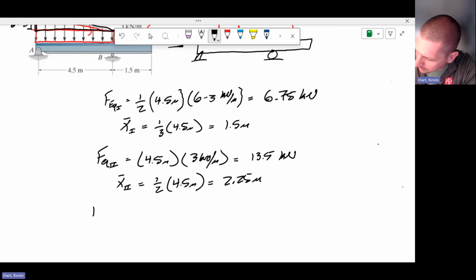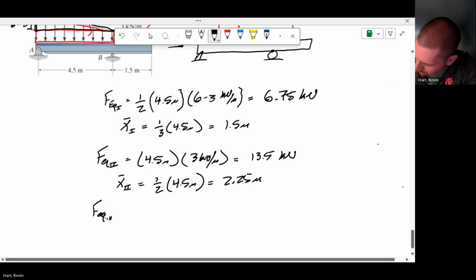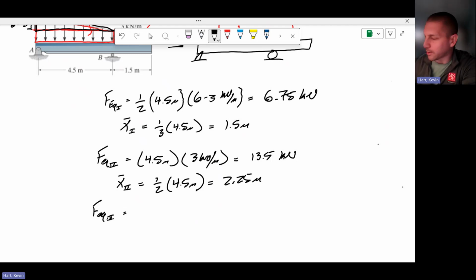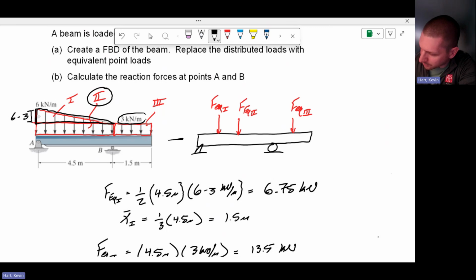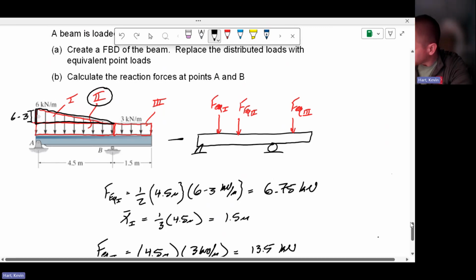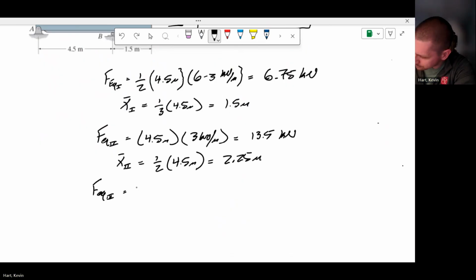Lastly, we're looking at our third portion of the distribution, which is a small rectangle on the right-hand side. This guy has a height of 3 kilonewtons per meter, and it has a width of 1.5 meters. So 3 times 1.5, and we get 4.5 kilonewtons.